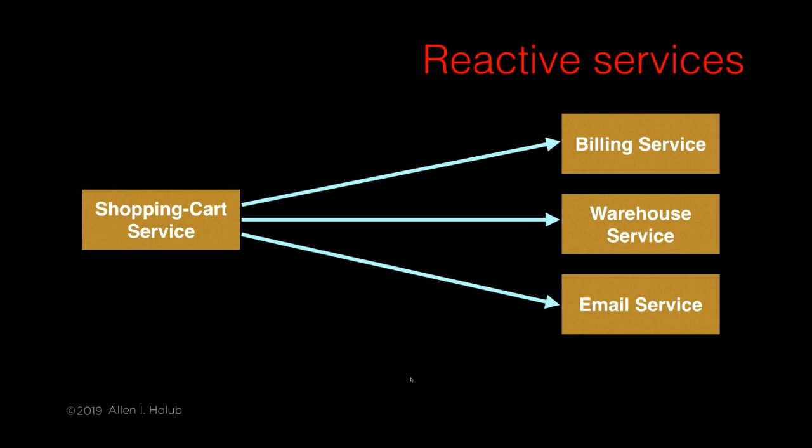The new billing service might handle that order-has-been-issued event differently than the old billing service did, but the shopping cart service doesn't know that or care about it. So we have a much, much more easily maintained system here because of the reduction of coupling relationships between the individual microservices, let's put it that way.